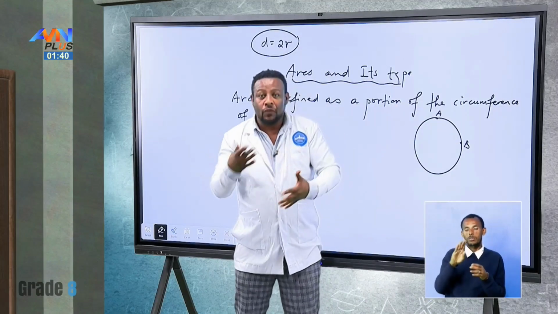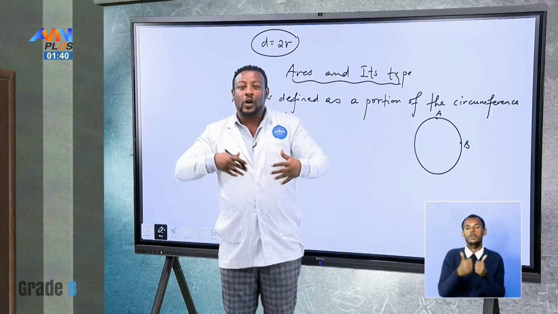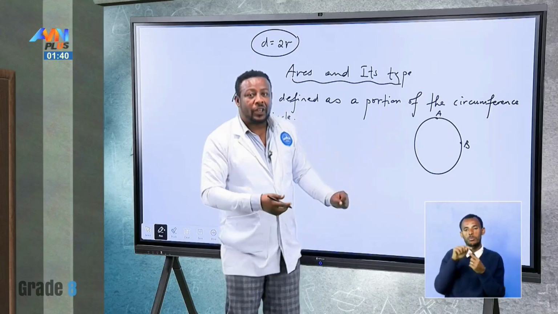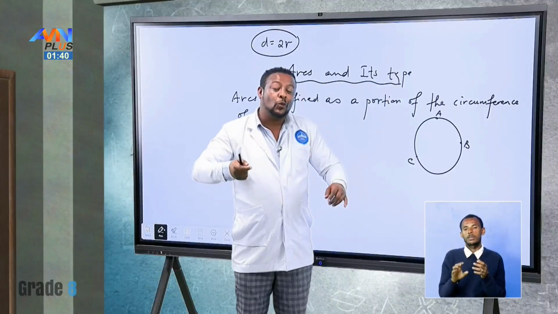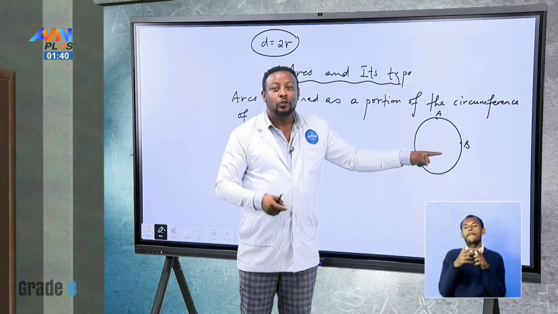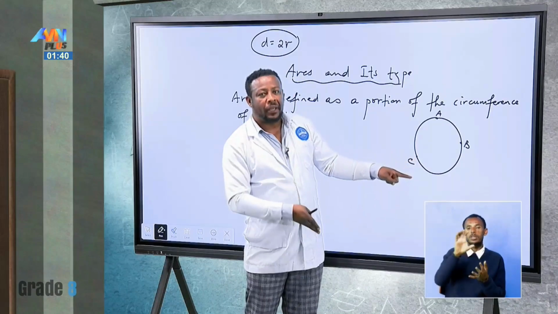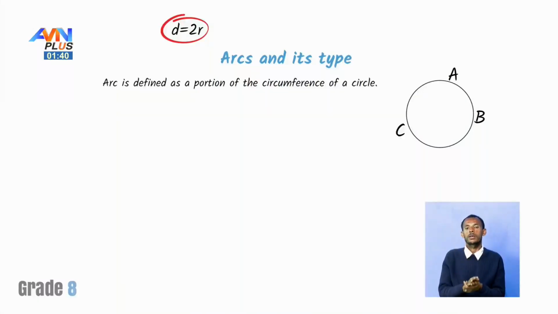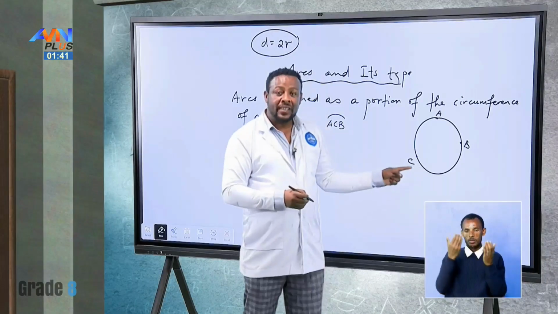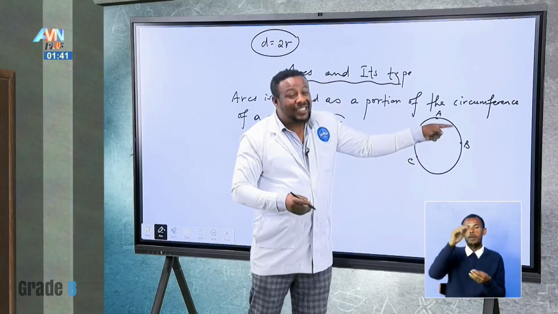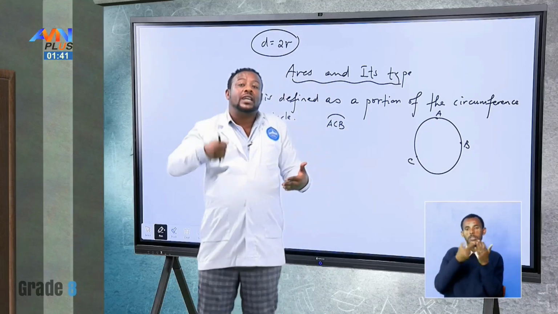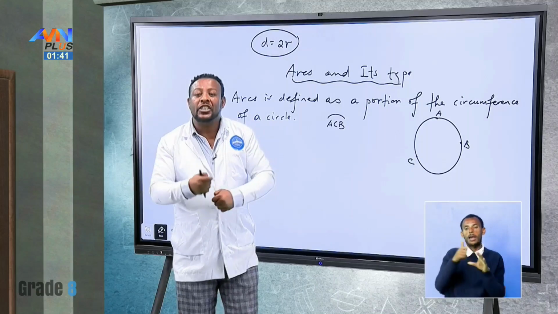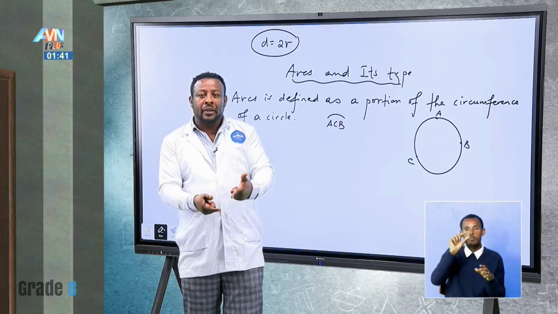But to avoid confusion about which arc you are talking about, for example, if you have some other point C, and you want to talk about the bigger arc AB, you need to include C between A and B, okay? So arc ACB is this part of the circumference, and arc AB is the smaller portion of the circumference. So based on this situation, we can classify arcs as major arc and minor arc, okay?